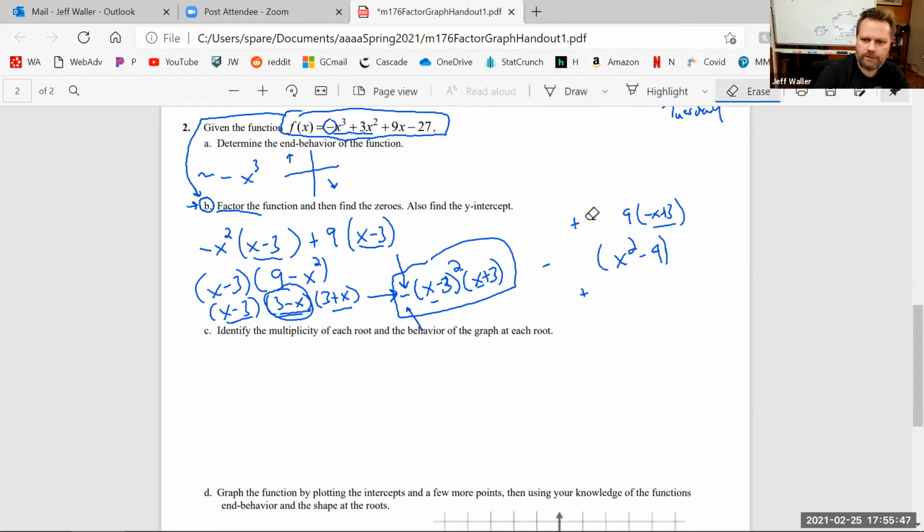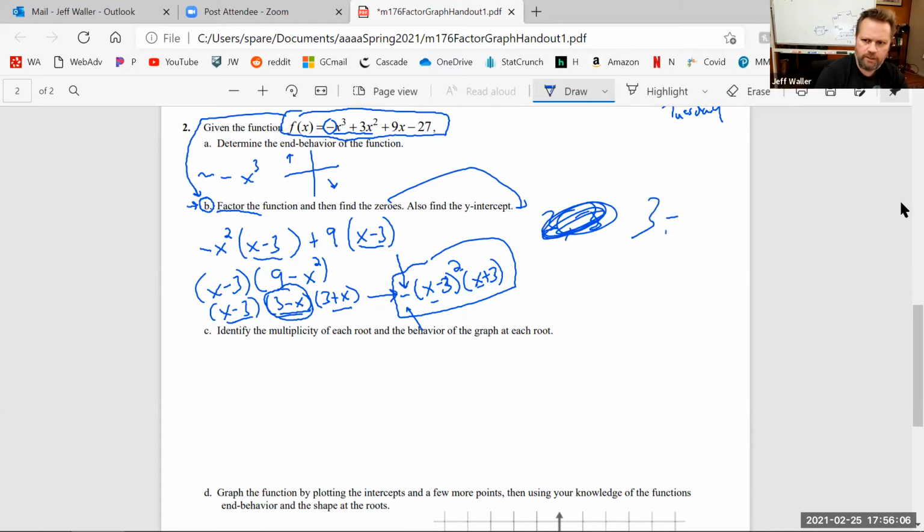All right, so what are the zeros? 3 and negative 3. Yeah, 3 and negative 3. And what's the y-intercept? 0, negative 27. Love it.